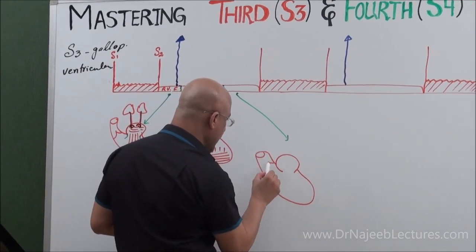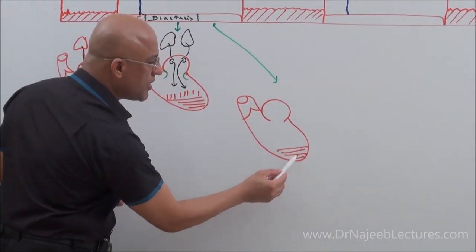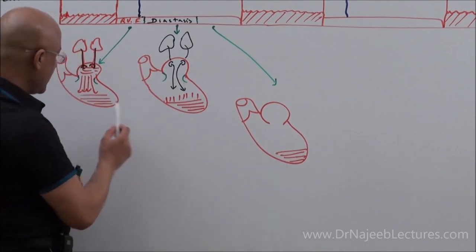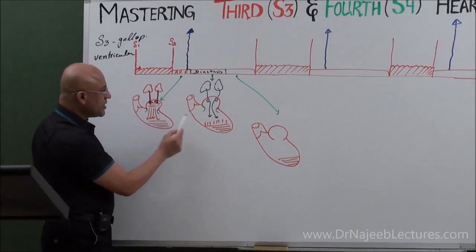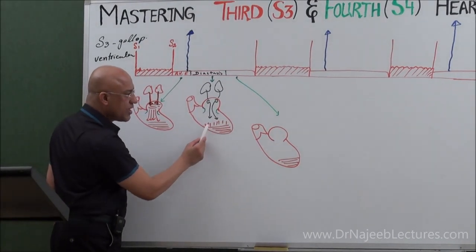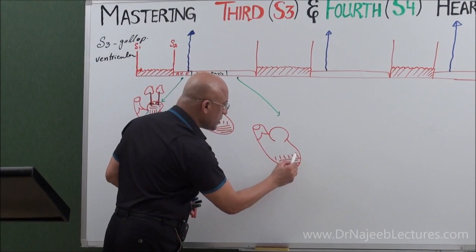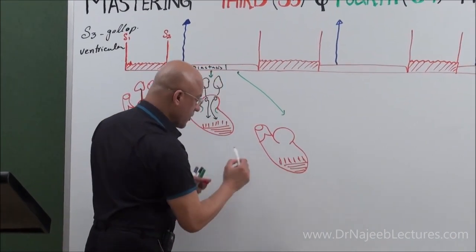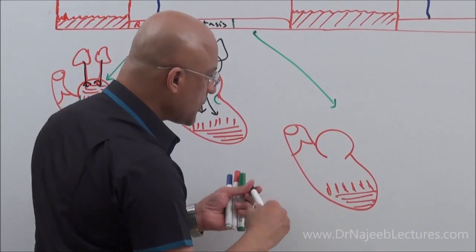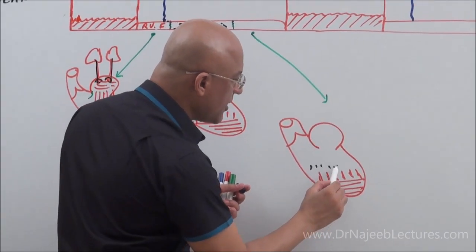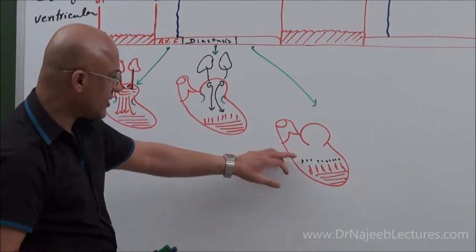Now the ventricle had, number one, the blood left from the previous cycle. What was that blood called? The end systolic volume. Then there was the addition of the blood during rapid inflow, and then the blood added in the middle, during diastasis.